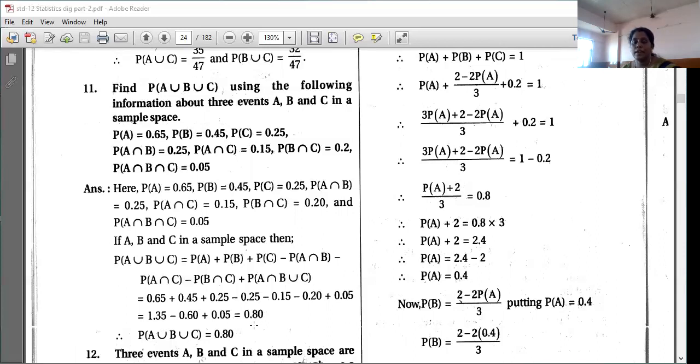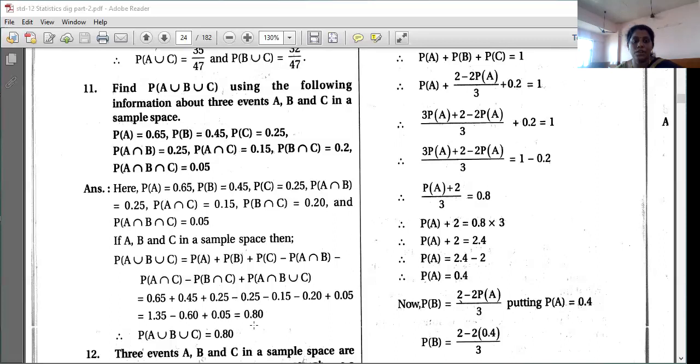Today I started with the 5th sum and ended at the 11th sum: 5, 6, 7, 8, 9, 10, 11. So almost 7 sums I have done. All the sums are not that tough, but you have to read the question properly and understand it first, and only then apply any formula or start your solution.